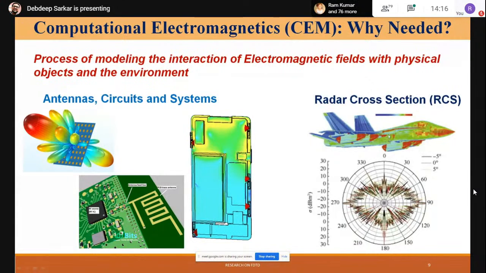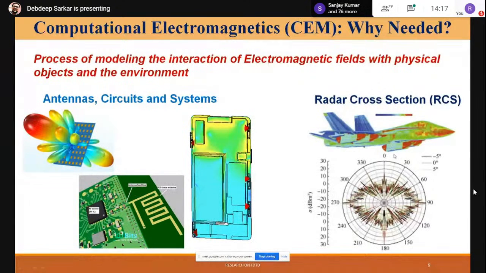Shifting our focus to another domain, let's say we have an aircraft and we want to model its radar cross section, which is a very important problem for the defense community.